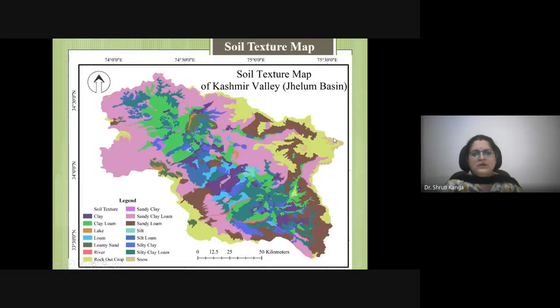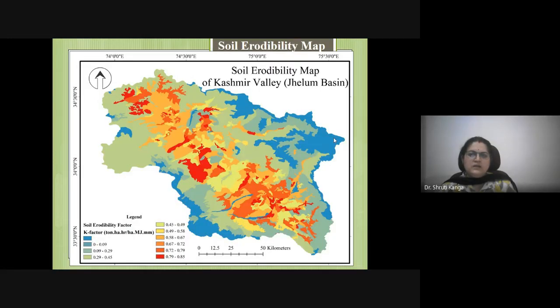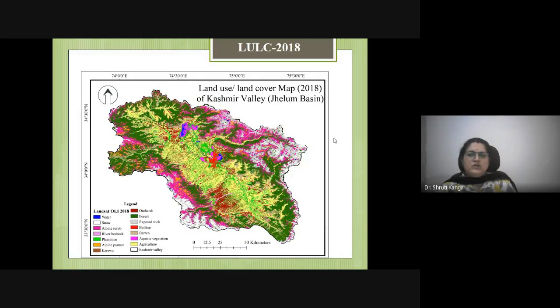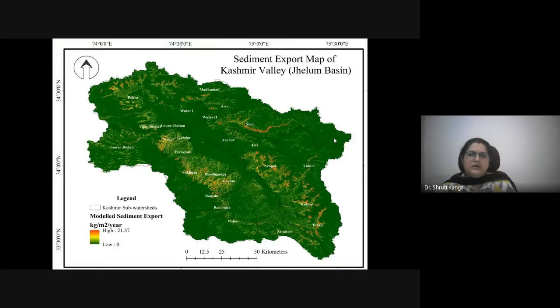Then we have the soil texture map of the Kashmir Valley. These are the different types of soil in the Jhelum Basin. The soil erodibility map has also been calculated. The soil erosion has been found maximum in red color, and minimum in sky blue color. Then the land use land cover map of the Kashmir Valley was calculated.